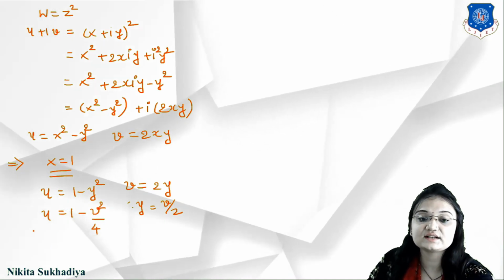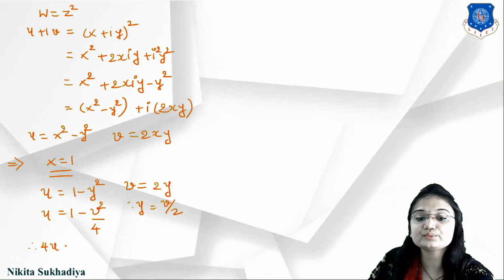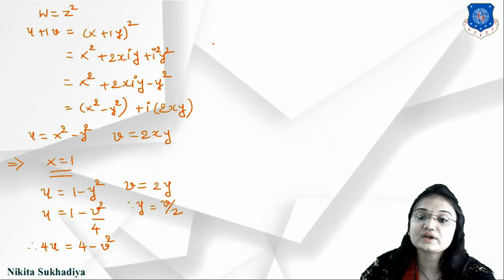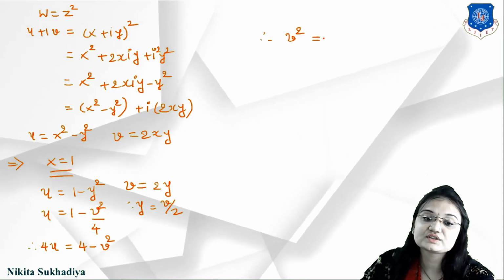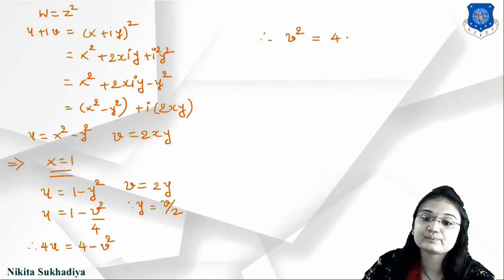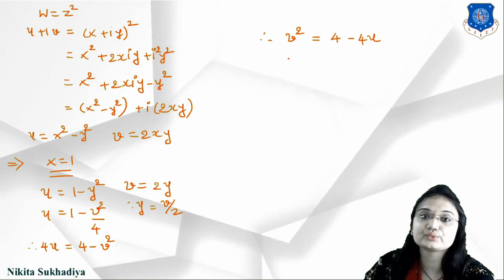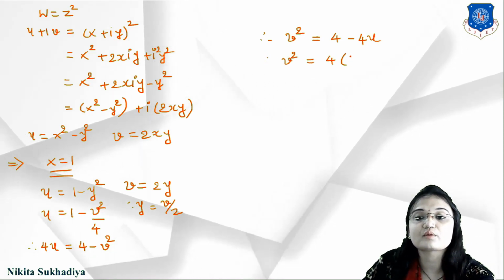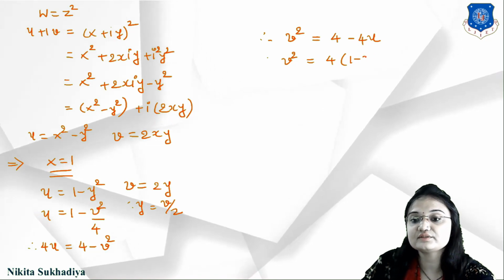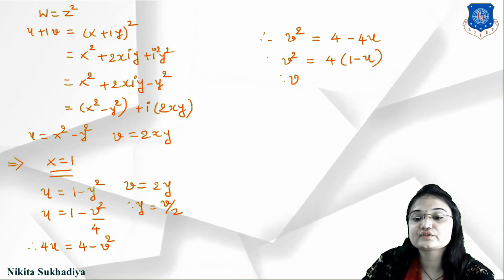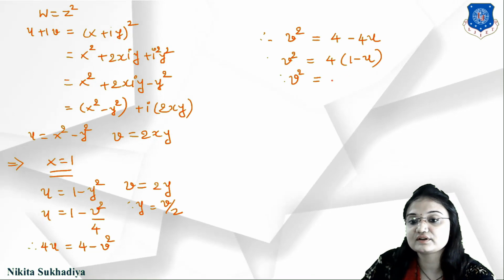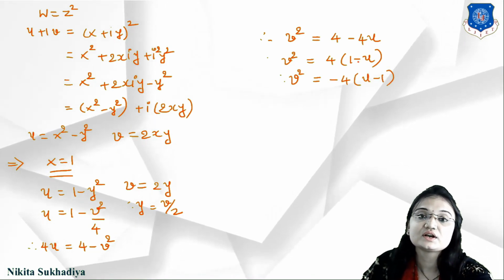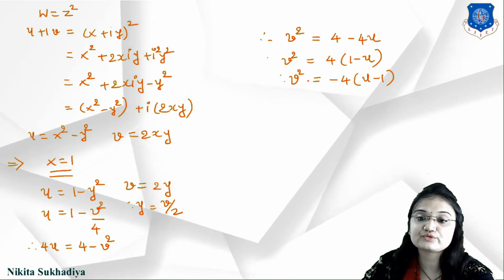By taking LCM, 4U is equal to 4 minus V squared, so V squared is equal to 4 minus 4U. Taking 4 common, V squared is equal to minus 4 times U minus 1. This is the representation of a parabola.